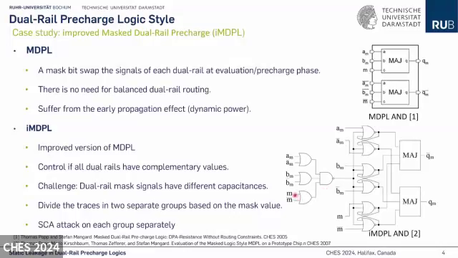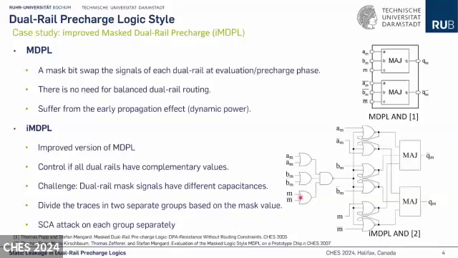Despite all the optimization in MDPL and IMDPL, since the dual rail mask signal is connected to all IMDPL cells, it has a relatively high capacitance. Therefore, if mask signals are routed independently of each other and have different capacitances, their transition at the start of the evaluation phase and also the pre-charge phase becomes distinguishable by observing the dynamic power consumption.